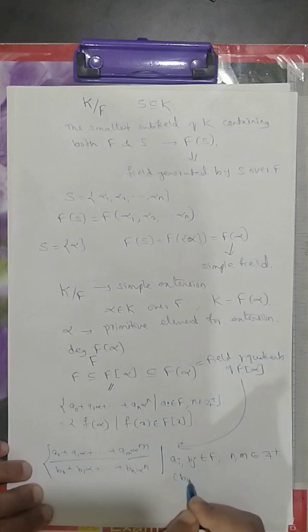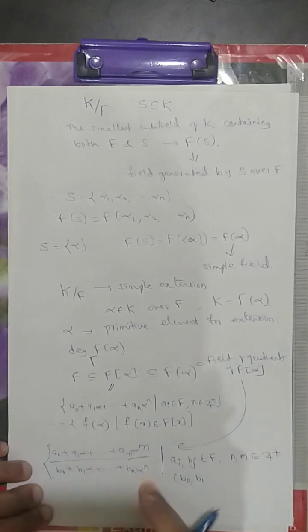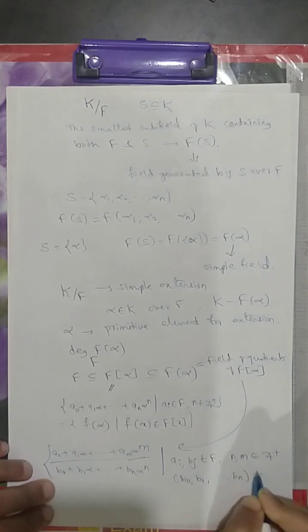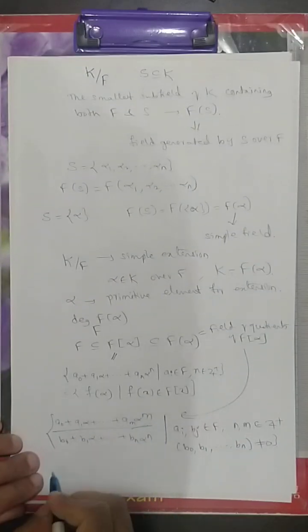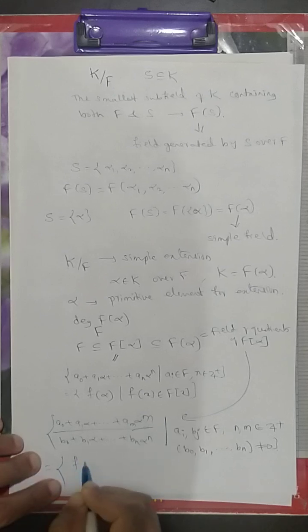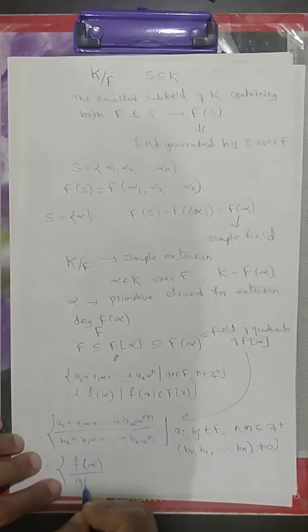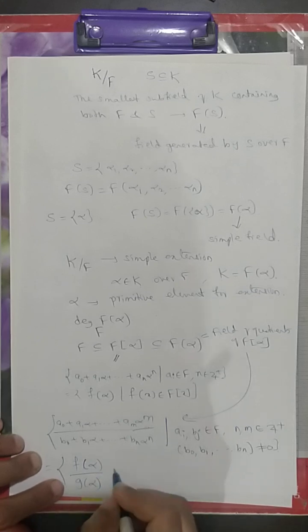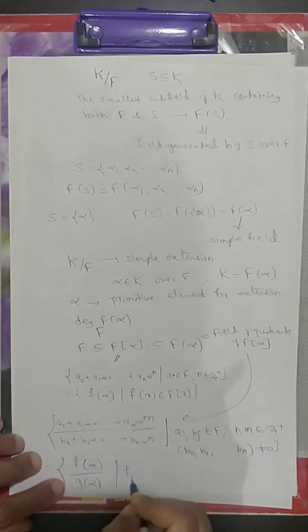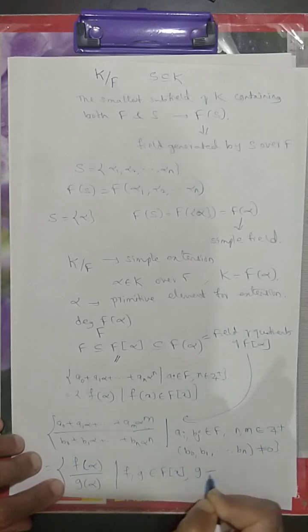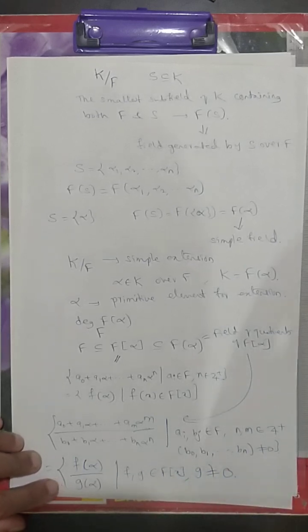And in the denominator, the coefficients b0, b1 and so on, bn should not all be zero. Okay, so in other words, I can write it as f(alpha) by g(alpha), where f and g are polynomials over F, where g is a non-zero polynomial.